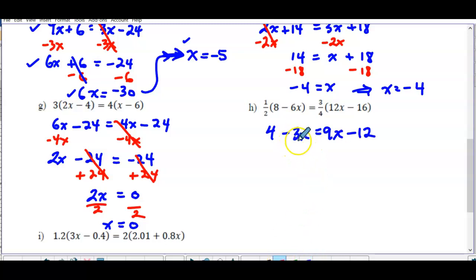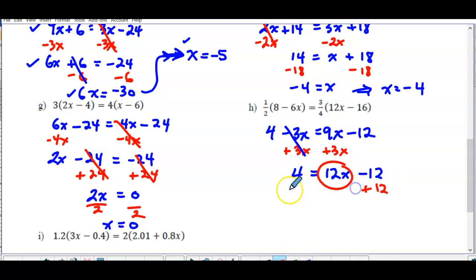Smallest x term is negative 3x, so we want to add 3x to both sides. Goes to 0, so 4 is left there. 12x minus 12. Now we want to get the x term by itself, so we want to add 12 to both sides.